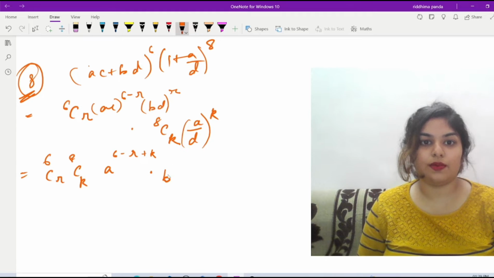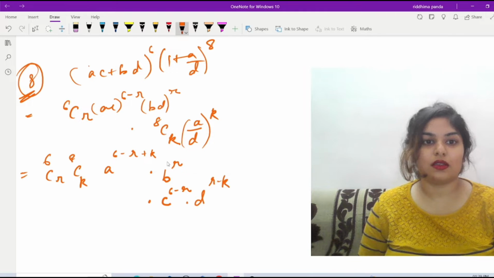Do we have any b? Only one, so b to the power R into c to the power 6 minus R. Any more c? No c. Into d. d is R minus K. So this is a, b, c, d with the respective powers.